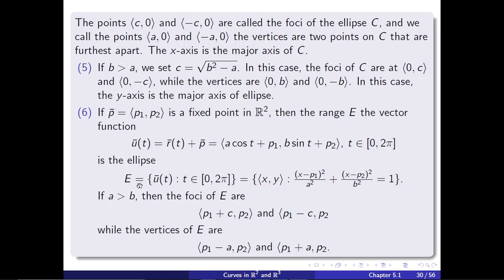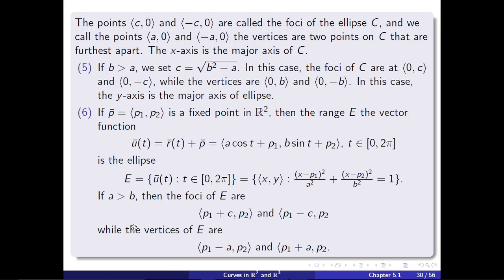So E will look like (x minus p1) squared over a squared plus (y minus p2) squared over b squared is equal to 1. So basically, if we have a fixed point and we have u of t to be r of t plus p, then we have shifted the center of this ellipse.